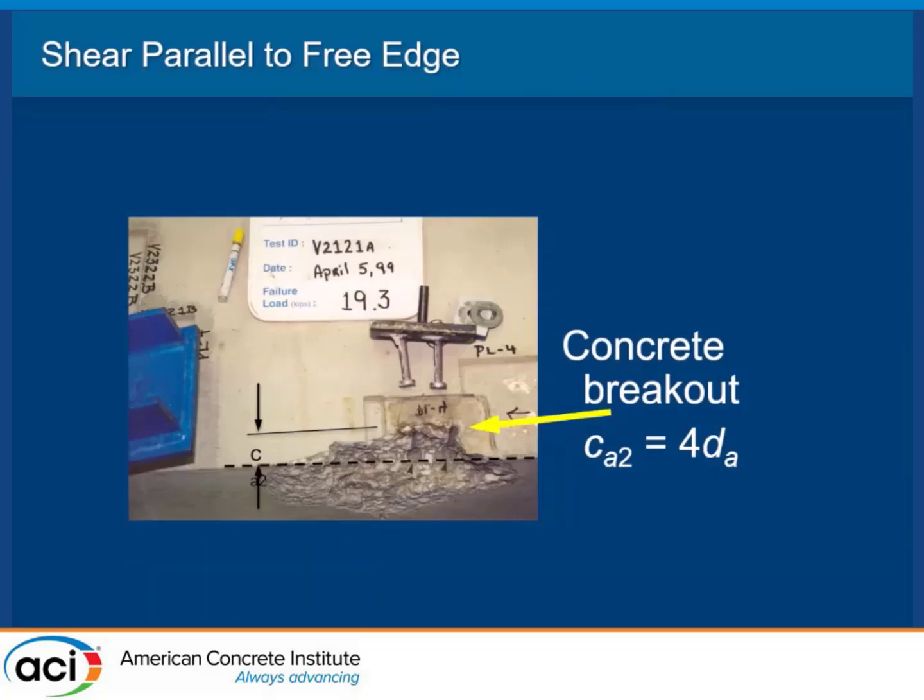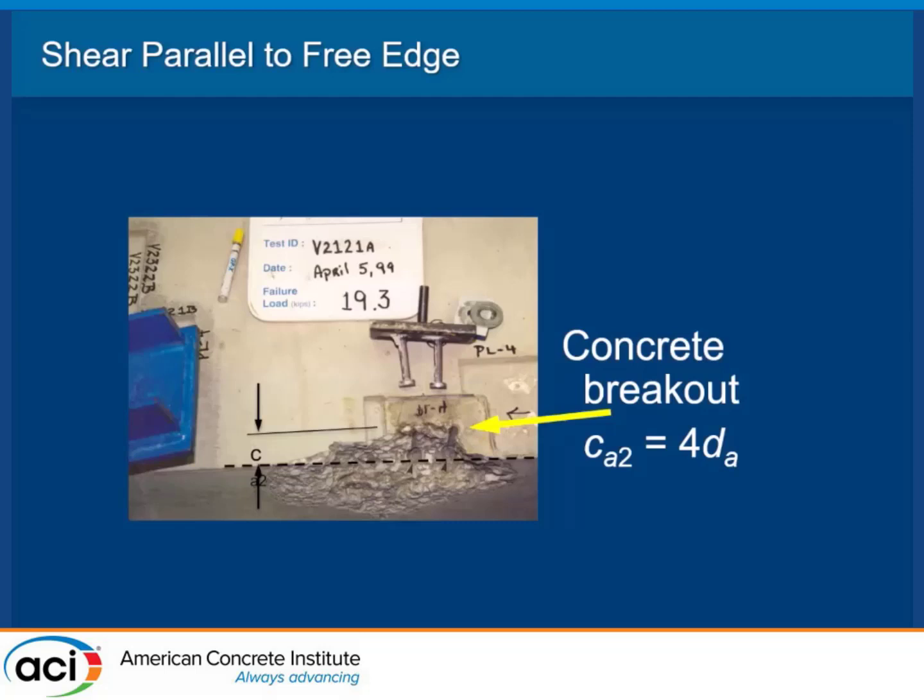So concrete, this is shear parallel to an edge. It's great when shear is going towards the edge, and we do all these calculations, but sometimes we have an anchor that's just sitting right along the edge, and we're pushing along the side of the element.